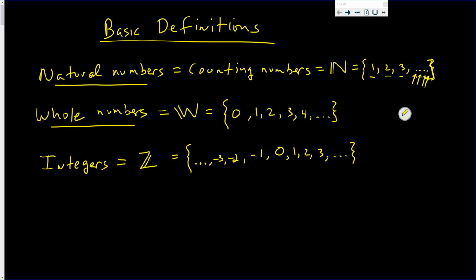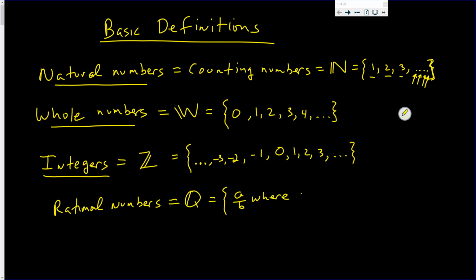Now that we have the integers defined, we can talk about rational numbers. The rational numbers are denoted by boldface Q. We just put another line there. And they are the set of all fractions a over b where a and b are integers.